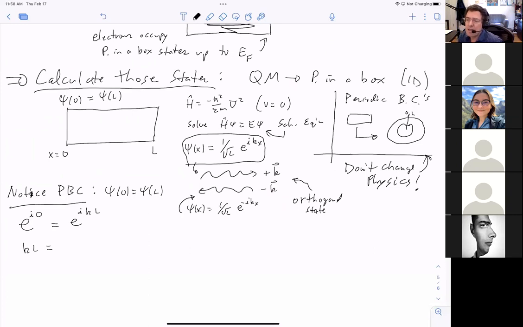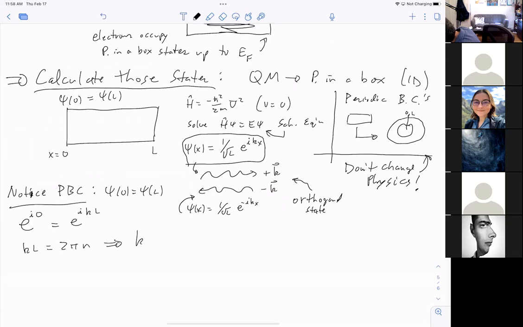Tell me. 2 pi n. Exactly. And so that means that K is equal to 2 pi over L times n.